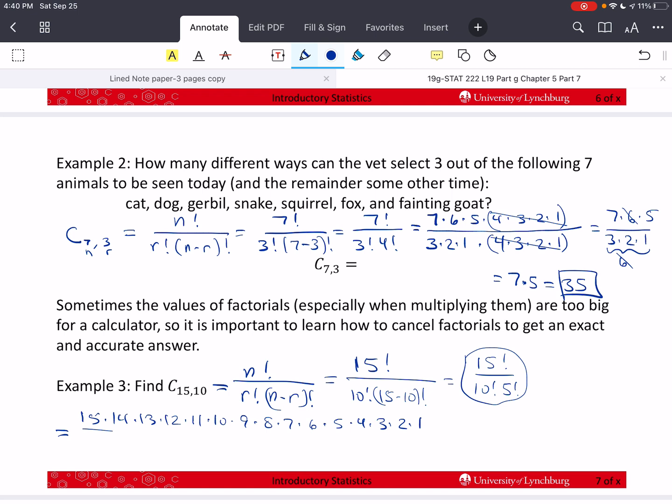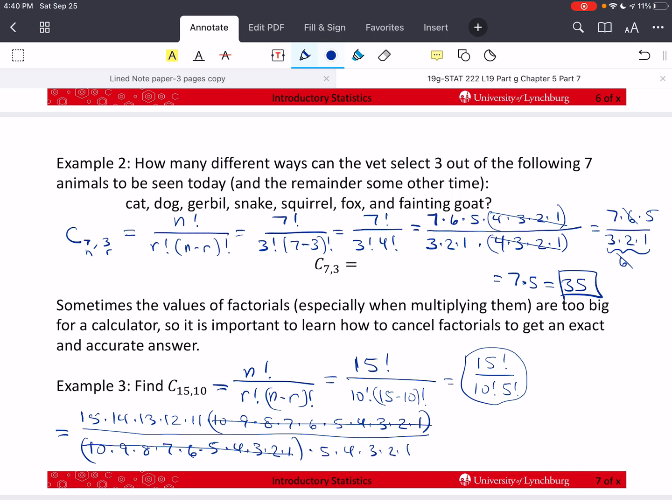Now I have 10 factorial: 10 times 9 times 8 times 7 times 6 times 5 times 4 times 3 times 2 times 1. And I can cancel all of these out. And I also have 5 times 4 times 3 times 2 times 1.